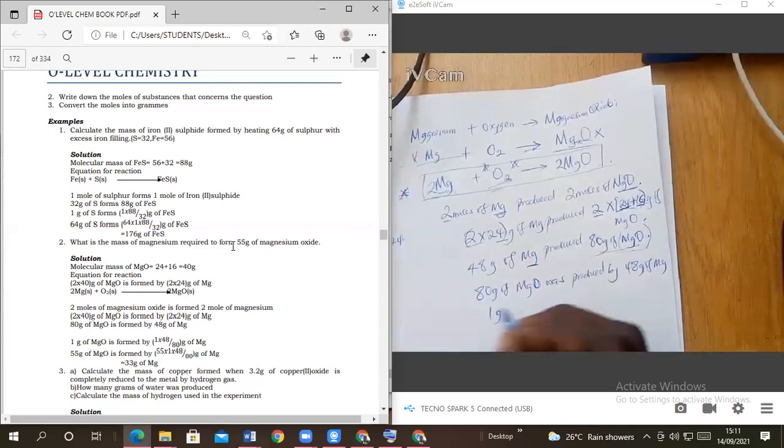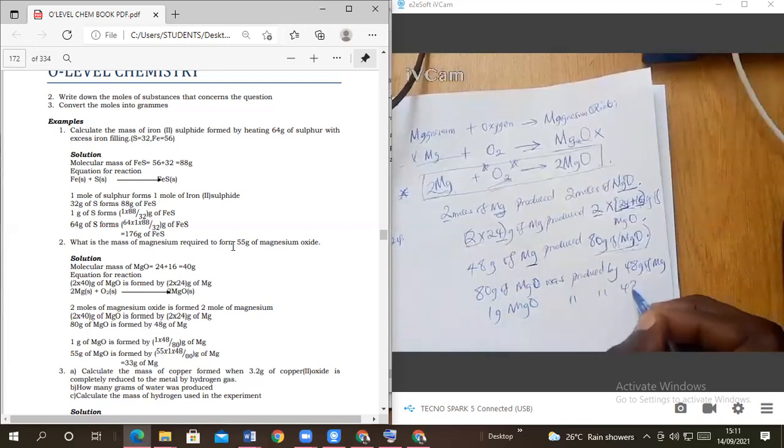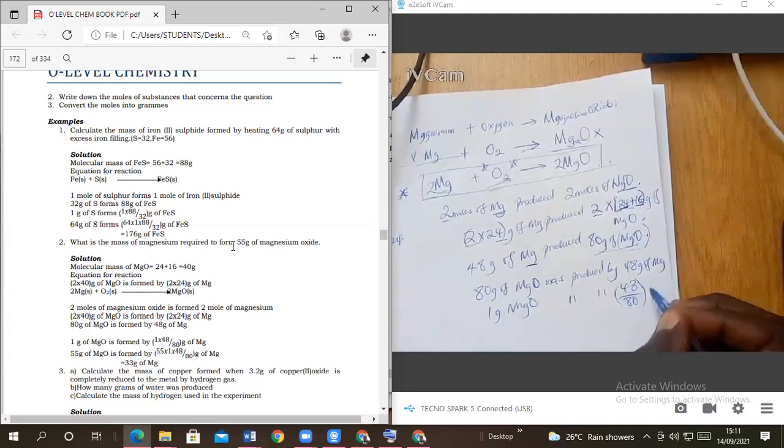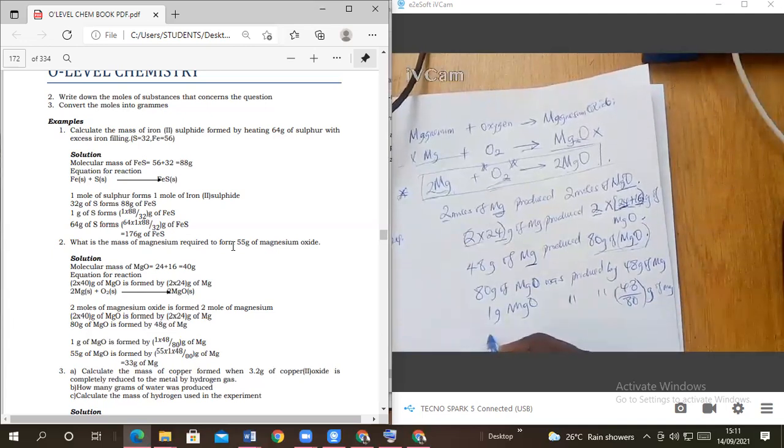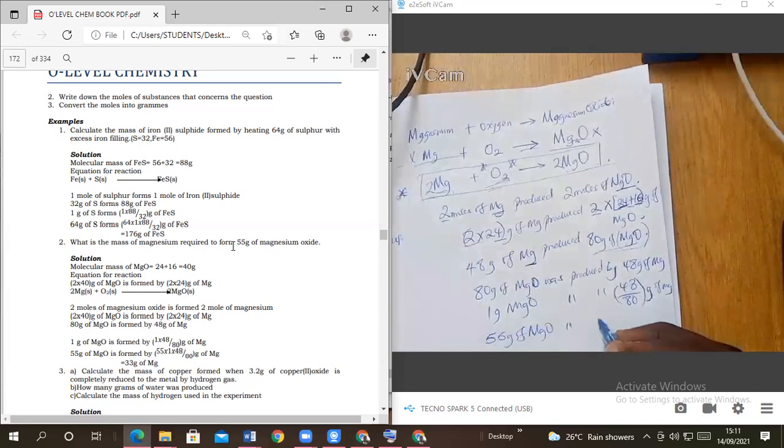What about 1 gram of magnesium oxide? It is produced by 48 out of 80 grams of magnesium. Question comes, what about 55 grams of magnesium oxide? What does it produce? 48 divided by 80 times 55.